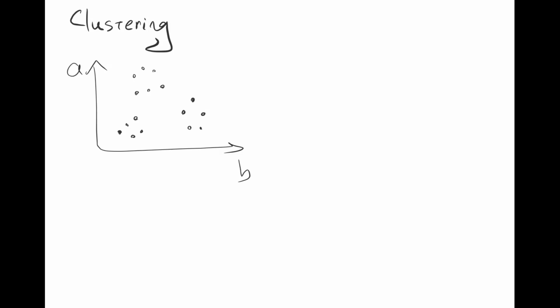So let me give you an example. Here, how many clusters might you have? 3. Why not 2? Maybe 2. Why not 4? It depends on what kind of range, or what kind of clusters you're trying to build.